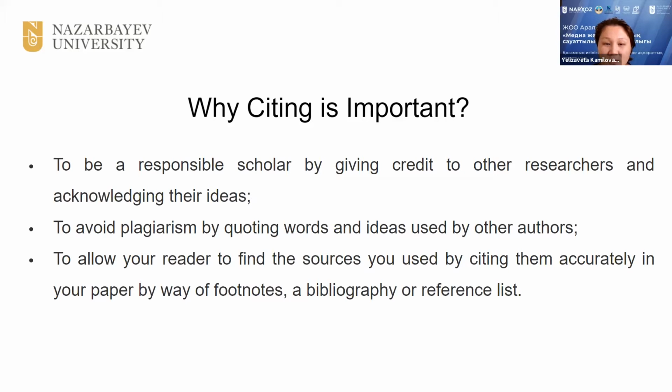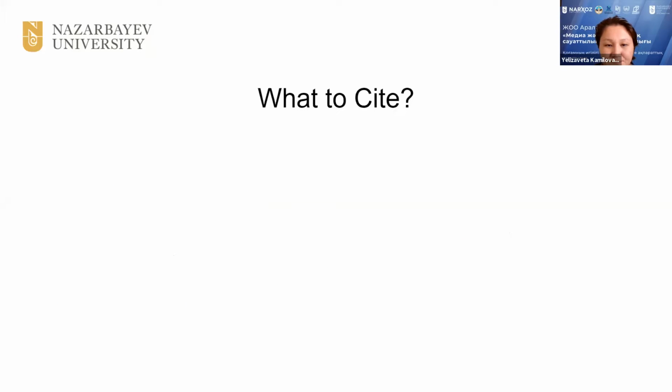And finally, we need to cite in order to allow our reader to find the sources you are using, by citing them accurately in your research paper, by putting footnotes, bibliography, reference list, etc. So this is the reason why citing is important. Let's go further to learn more.